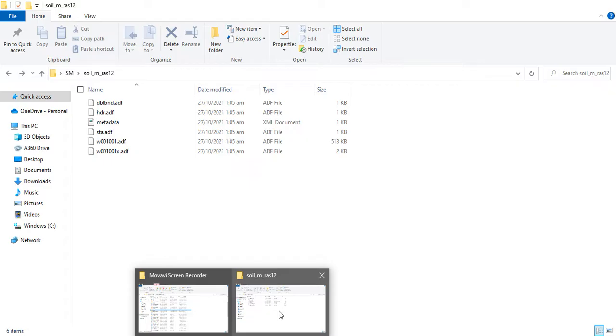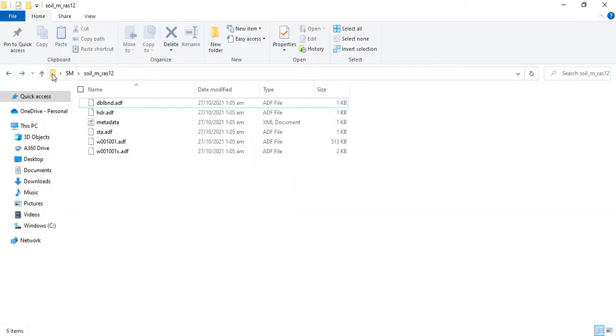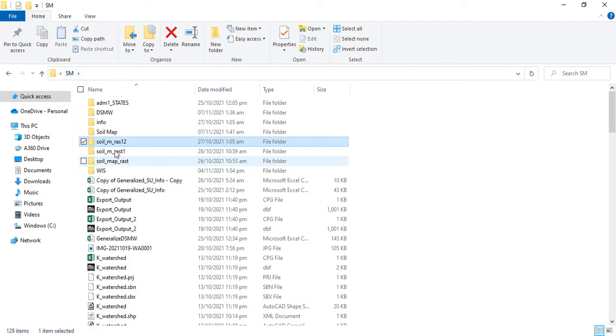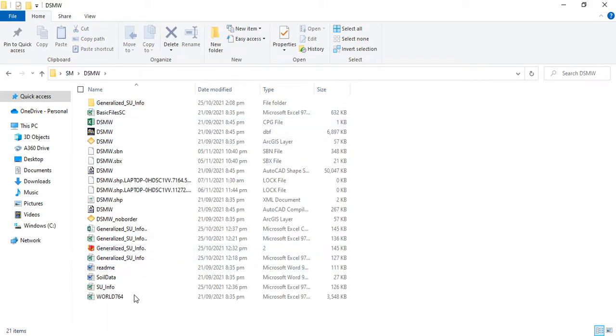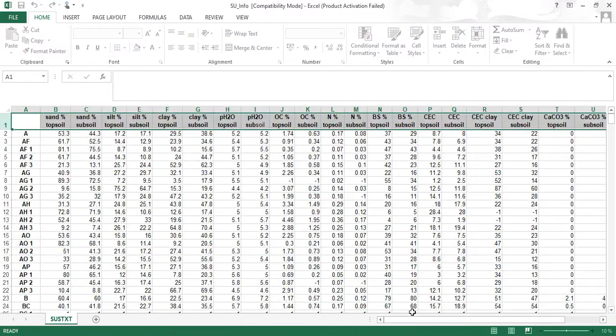The folder that was downloaded comprises some Word and Excel files, and one of the Excel files contains the percentage of sand, clay, subsoil, pH, organic carbon, and so on.